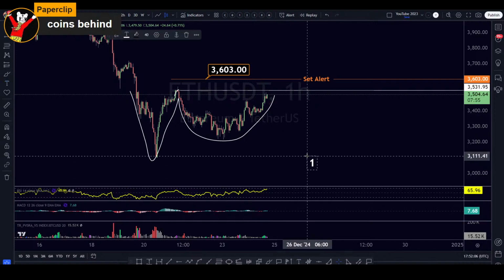Then what we're also going to do is say, let's see here, 1 hour candle must close above 36.03 to enter regular spot or 2x.